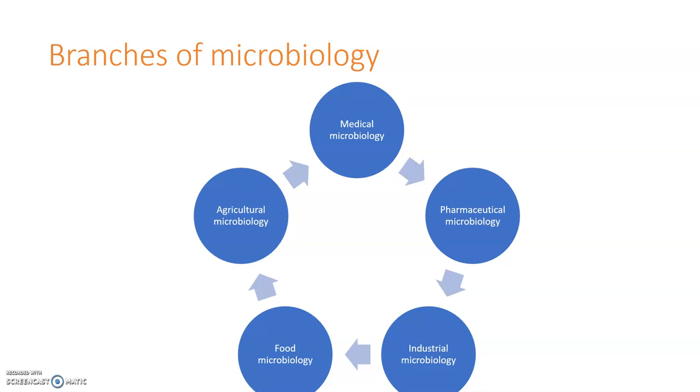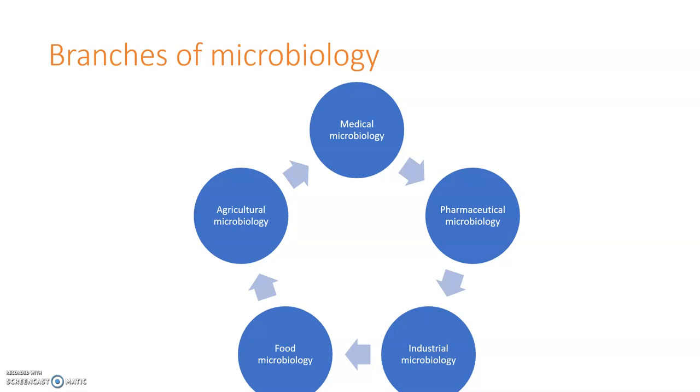And several other branches like microbial biotechnology, where microorganisms are manipulated to generate useful products. Food microbiology, where microorganisms causing food spoilage are studied. Dairy microbiology, used for production of milk products. Agricultural microbiology, the study of agriculturally relevant microorganisms, using microbes for the benefit of agricultural practices.